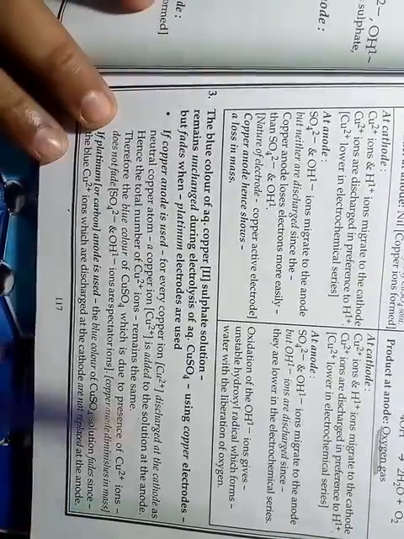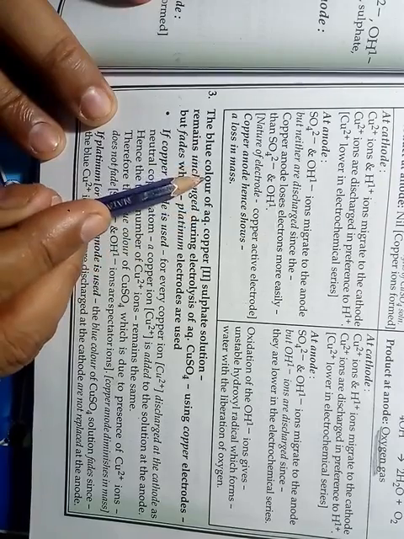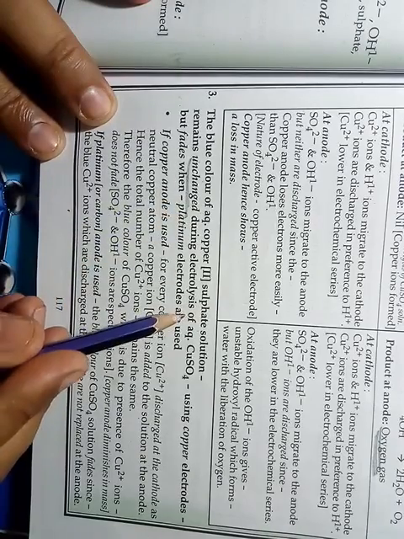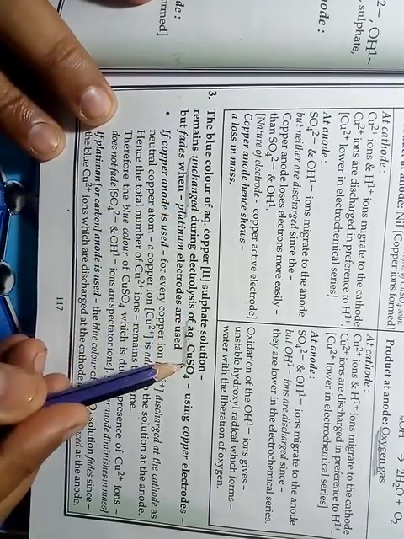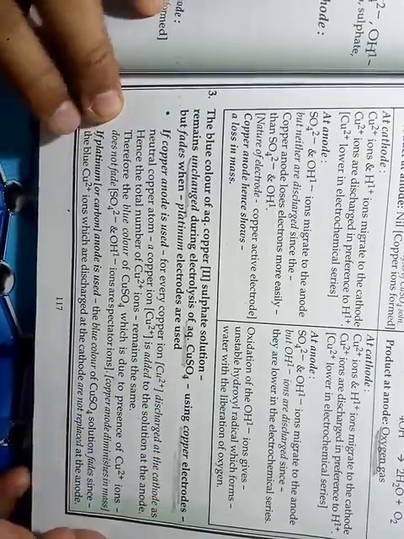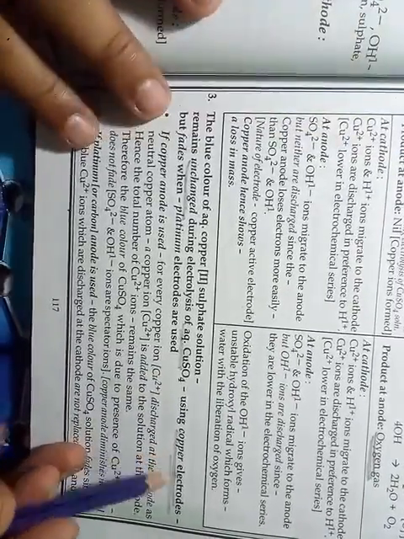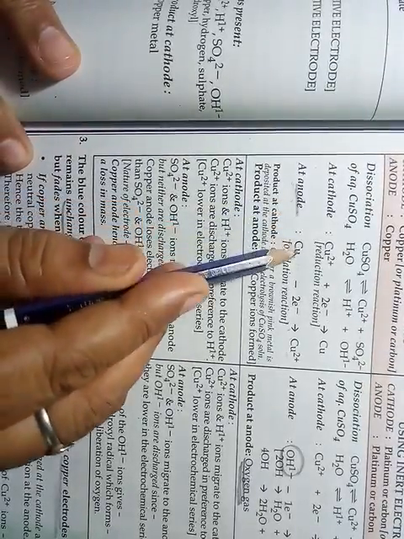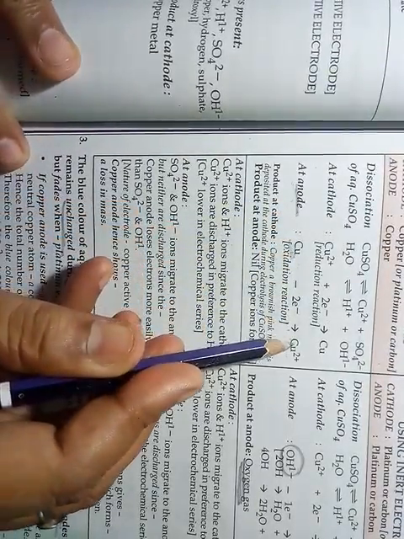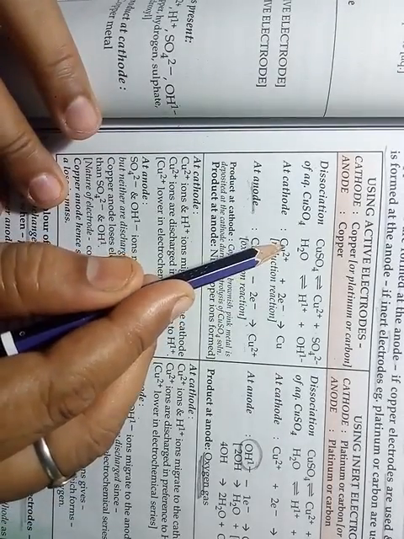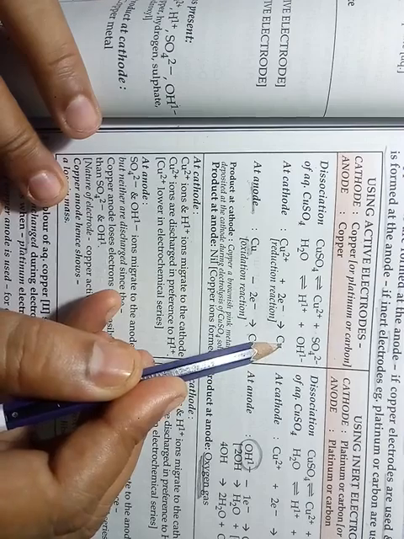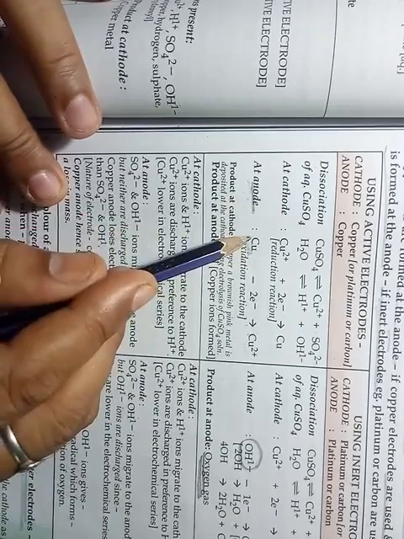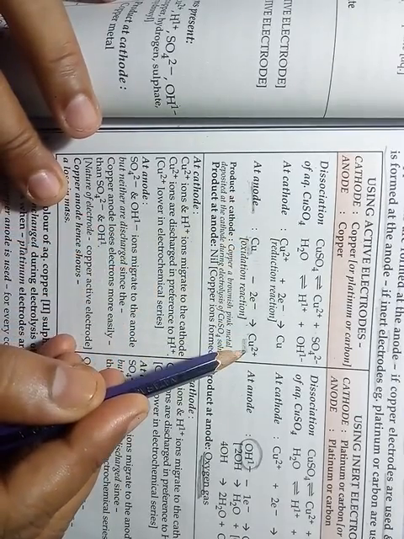The last paragraph: the blue color of aqueous copper sulfate solution remains unchanged during electrolysis using copper electrodes. Why? Because when we use copper electrodes, the anode forms copper ions in the solution. The copper ions which are discharged at the cathode as copper are replaced by the anode in the form of copper ions.